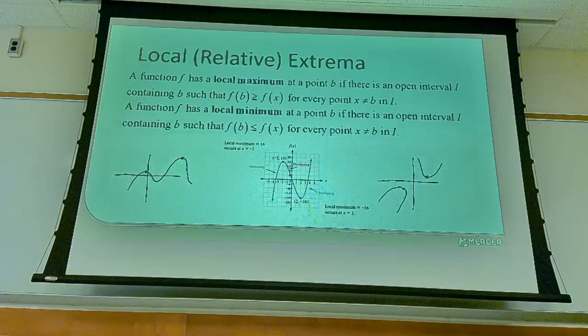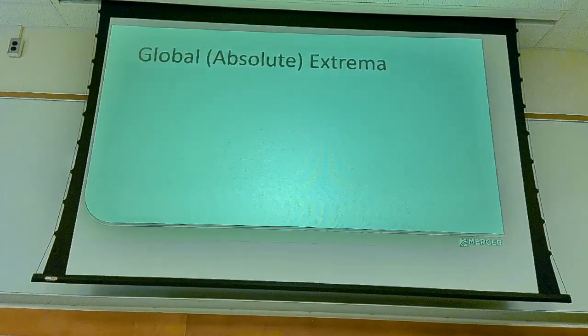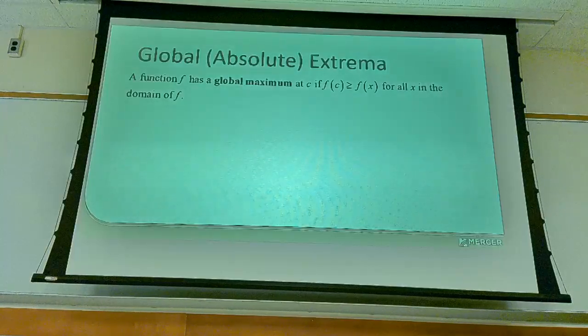A function has a global maximum at c if f of c is greater than or equal to f of x for all x in the domain of f. And the same definition applies for absolute minimum, except it's f of c is less than or equal to f of x.